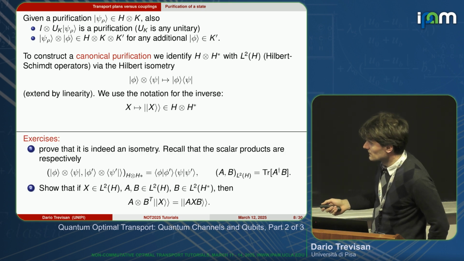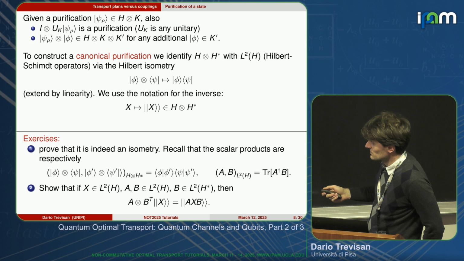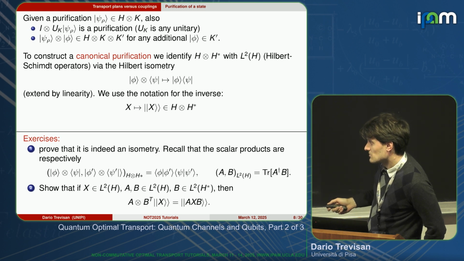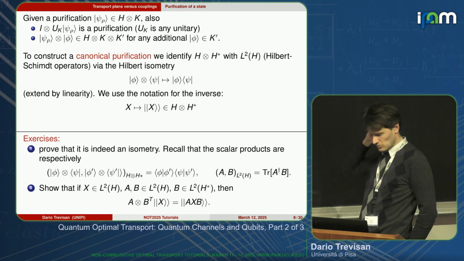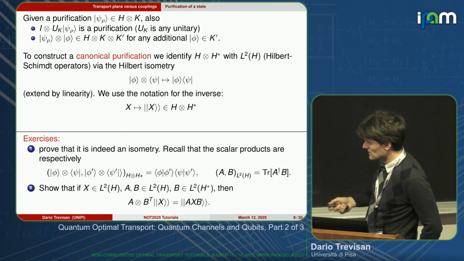Yeah, indeed. So this is really an identification of Hilbert spaces. Remember, there is a Hilbert space structure here, and the Hilbert space structure on the set of operators is this. This is also called the Frobenius scalar product, or the Hilbert-Schmidt scalar product.